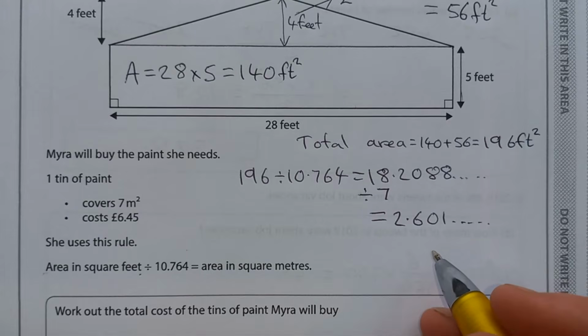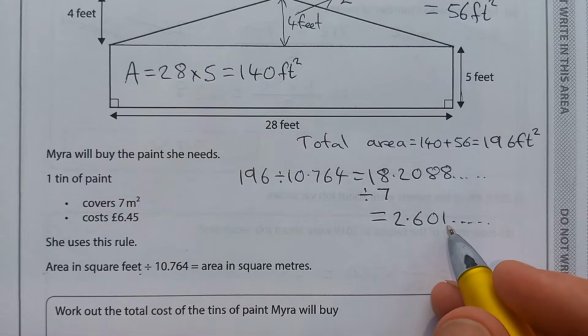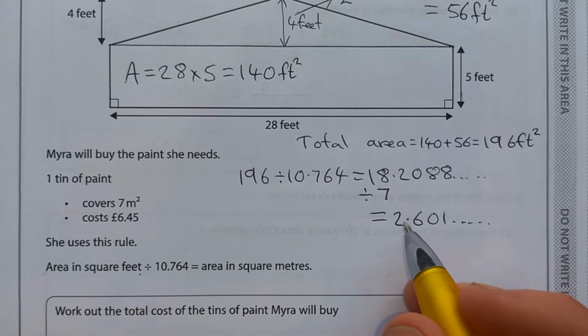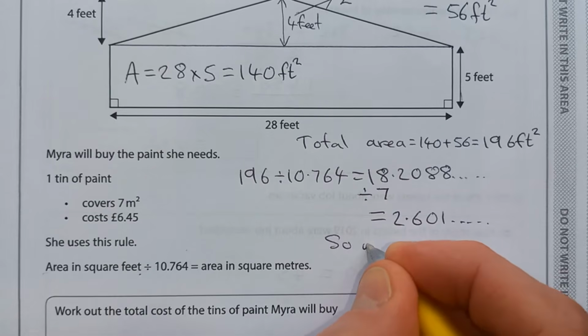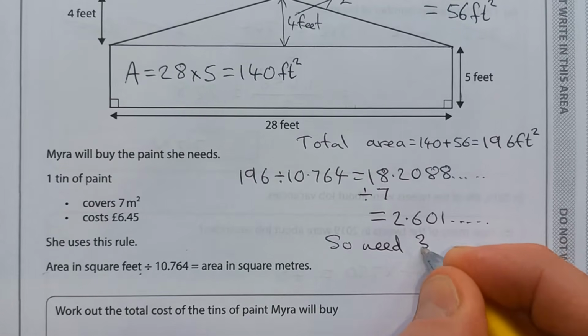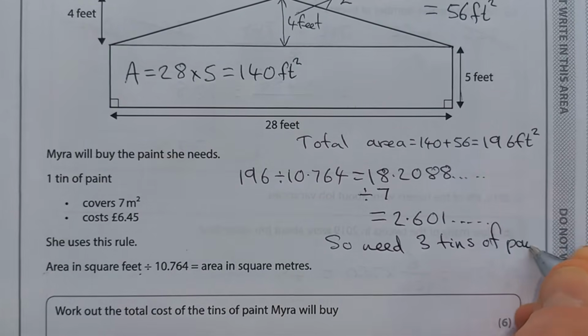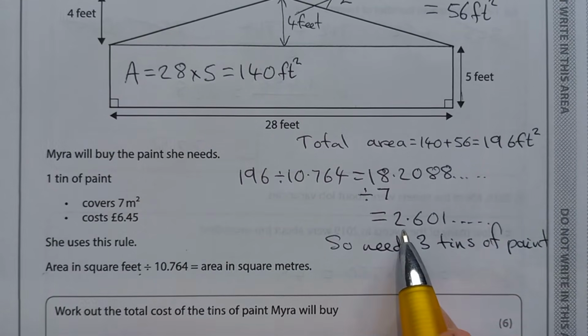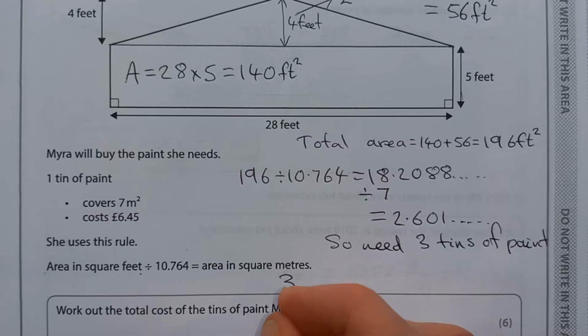Now, you can't go into a shop and say, I would like to buy 2.601 tins of paint, please. You'll have to give them a whole number. So they're going to have to go up to the next whole number, which of course is 3. Because if we bought 2 tins, it wouldn't be enough. So 3 tins would cover it.